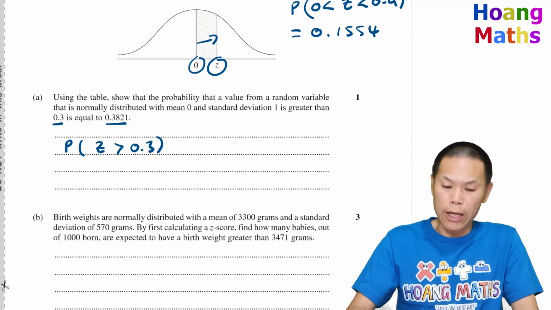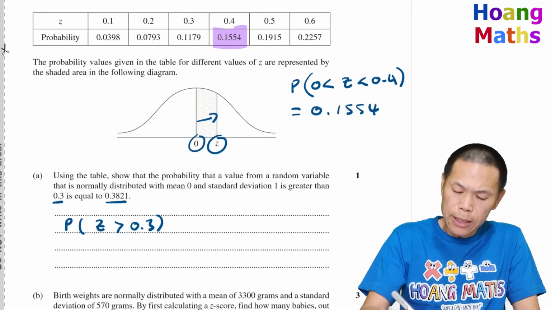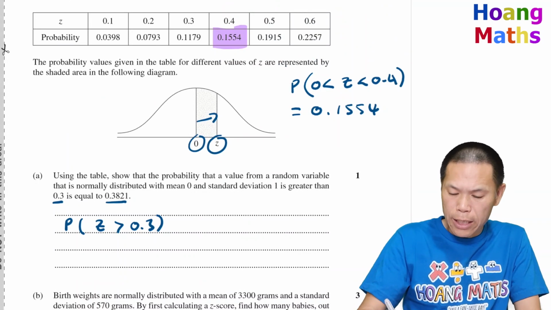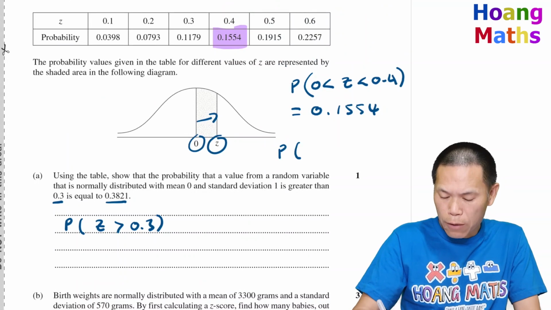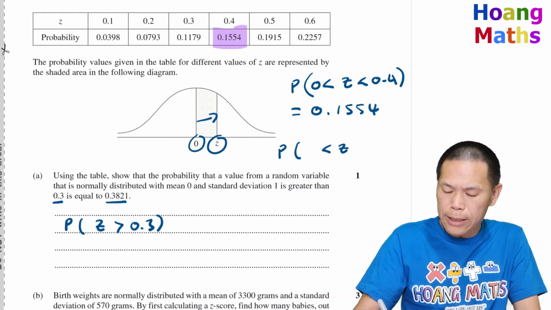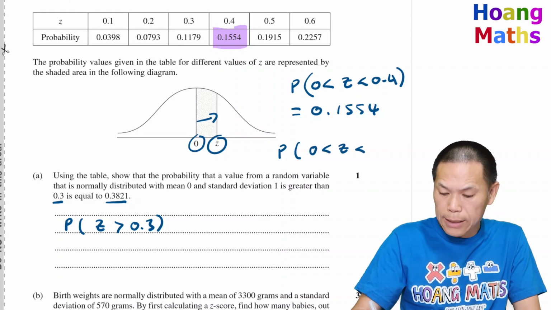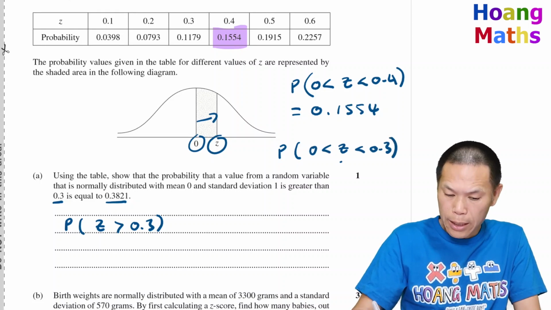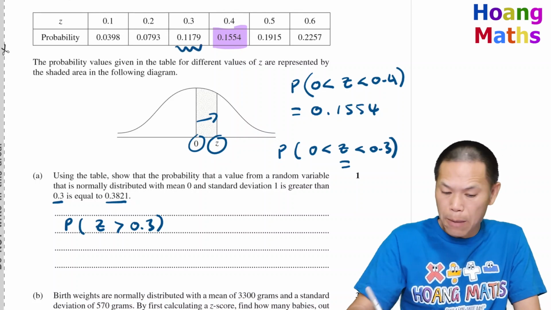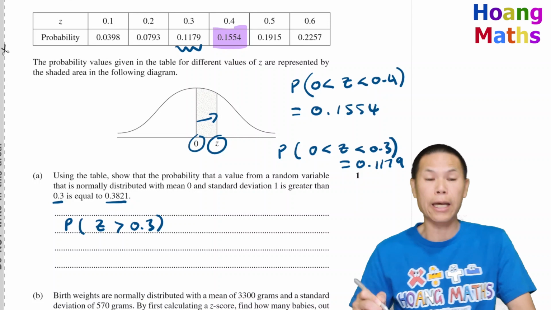We know that the probability of z greater than 0 but less than 0.3 is this number here, 0.1179.